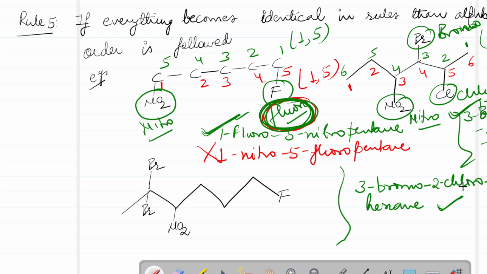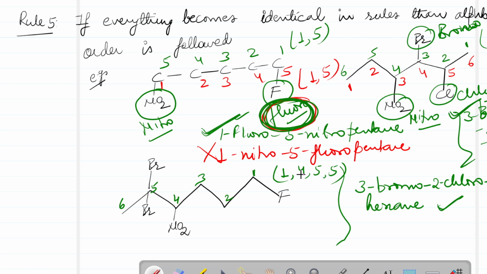Now example 3. Here the set of locants would be 1, at 1 there is fluoro, 4, 5, 5.